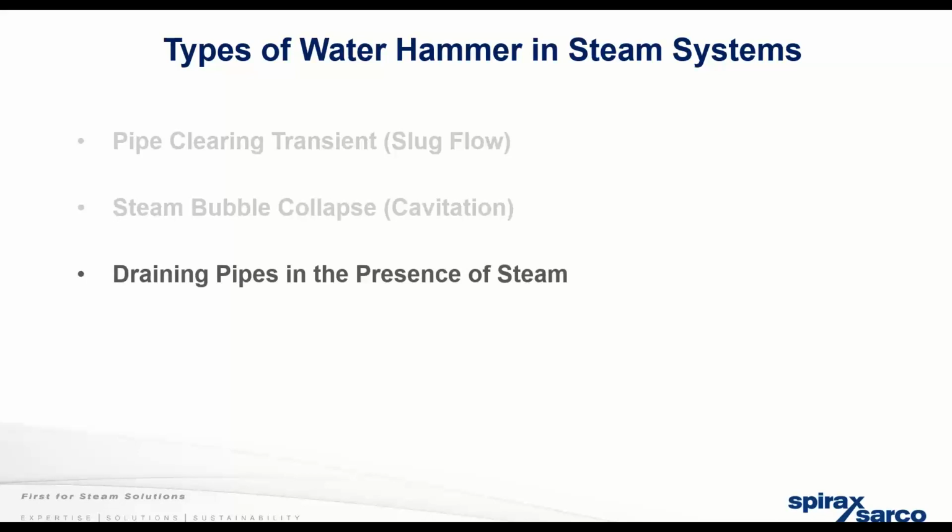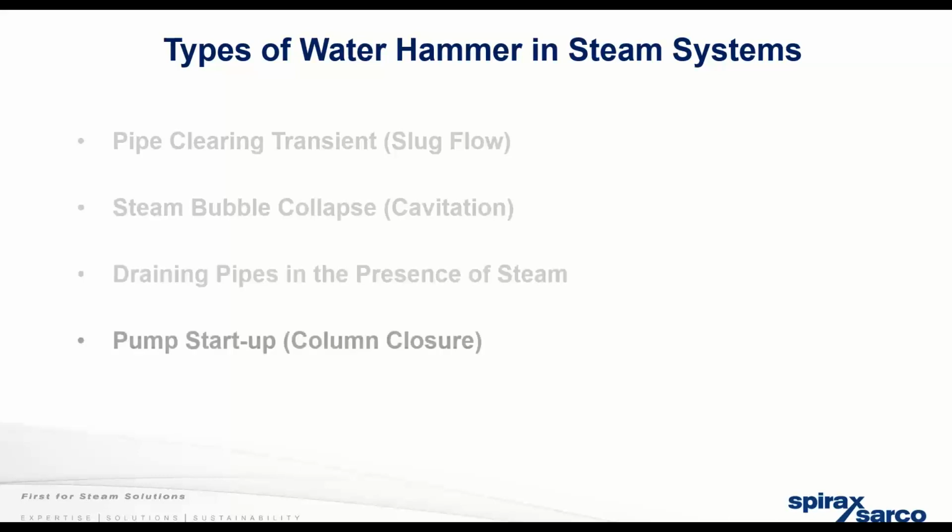Draining pipes in the presence of steam. This one nobody talks about, and as it turns out, it's the biggest source of our WaterHammer in our steam and condensate systems. I'll try to explain why that is in the future slides. Column closure or pump startup causes knocking and banging issues in our plants, so we'll discuss those.